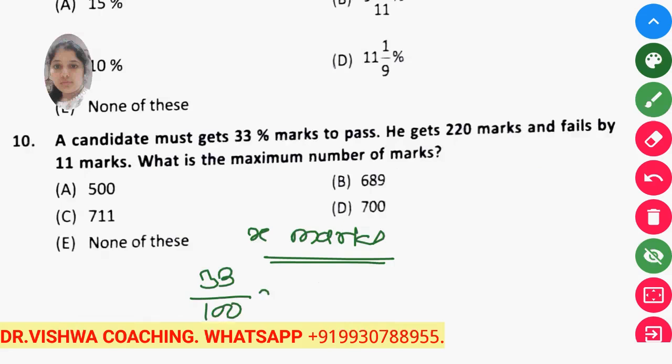So 33 upon 100 x is equal to 220 plus 11, because he failed by 11 marks. Okay.